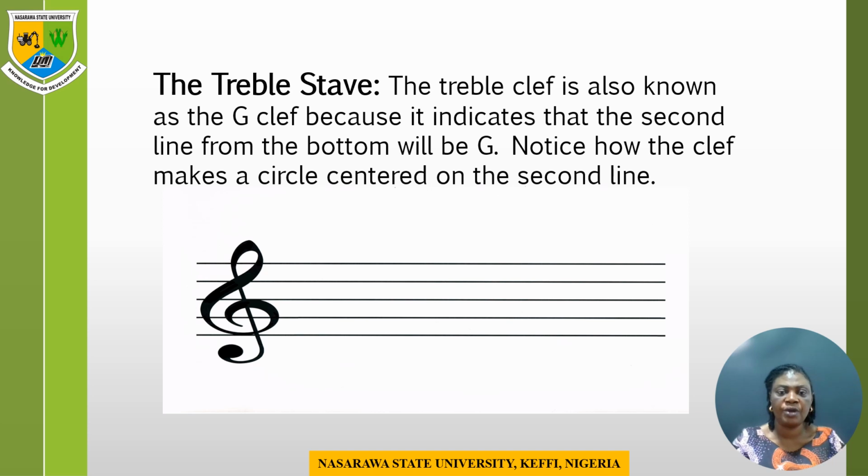Here we have the treble stave and the sign of G. The treble clef is also known as the G clef because it indicates that the second line from the bottom will be G. Notice how the clef makes a circle centered on the second line.